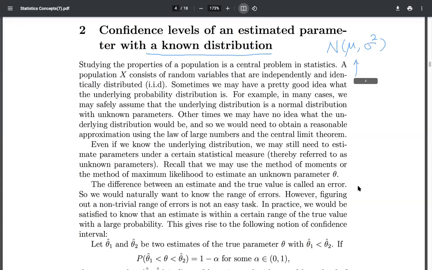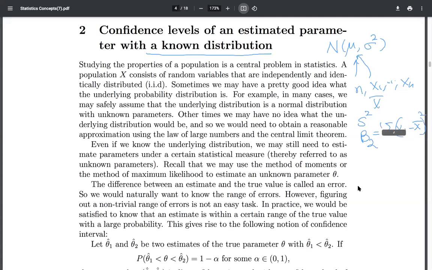Then we'll come up with an estimate. We have a sample, n samples. I take the sample mean x bar, so that is an estimate of this. And then I also take S square or B2. Since it's a normal distribution, it's better to take B2, which is just the average of xi minus x bar square.